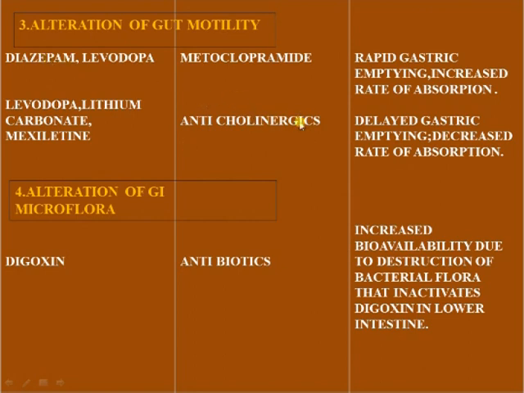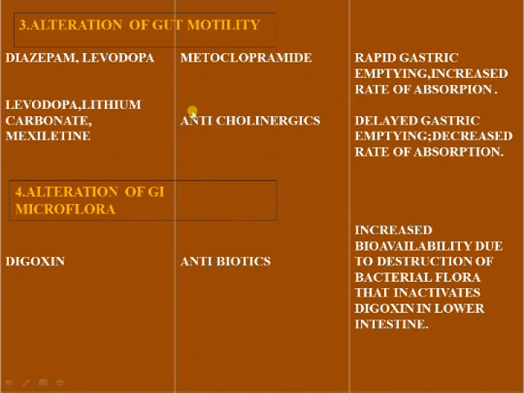Whereas anticholinergic drugs will put a halt on the GI motility, so the drug remains inside for a long period of time, and absorption gets affected. So a few drugs' absorption might get affected when you are giving anticholinergics with them. So that is what you need to remember.